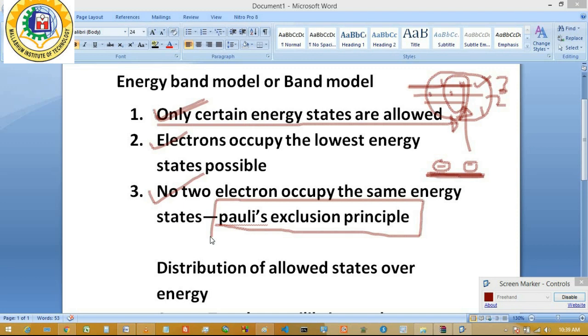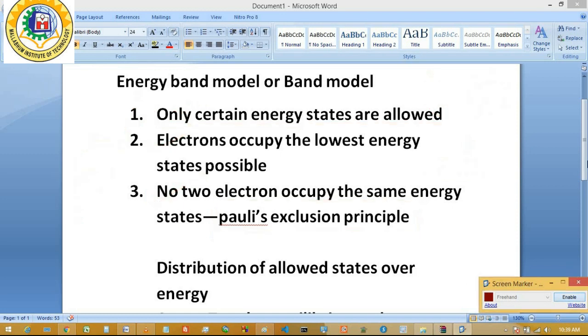Next is the distribution of states over energy. That means if this is your energy axis and the states are allowed like that, there are different numbers of energy states available at different energies.